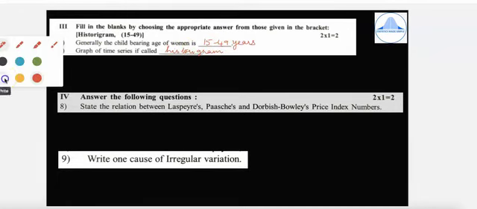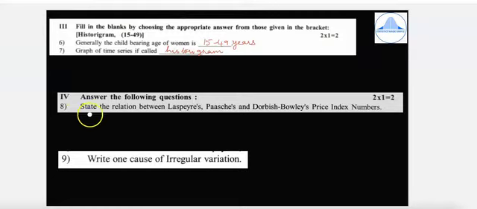Next, let us move on to the fourth main. Answer the following questions. Each of these questions carry 1 mark and there are 2 of them. Eighth one, state the relation between Laspeyres, Paasche and Dorbish-Bowley price index numbers.